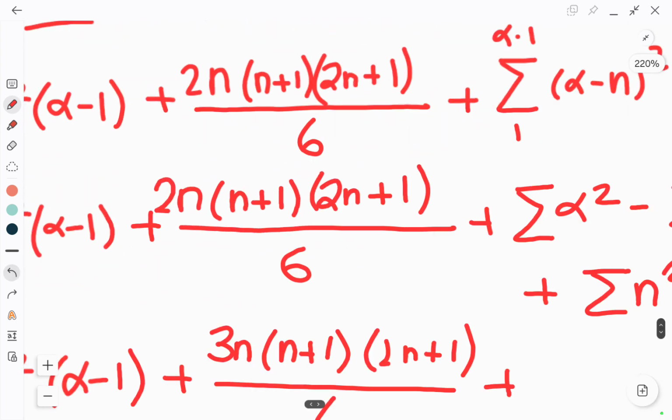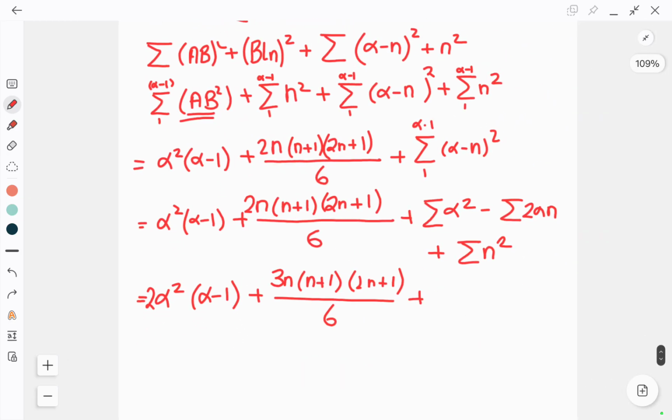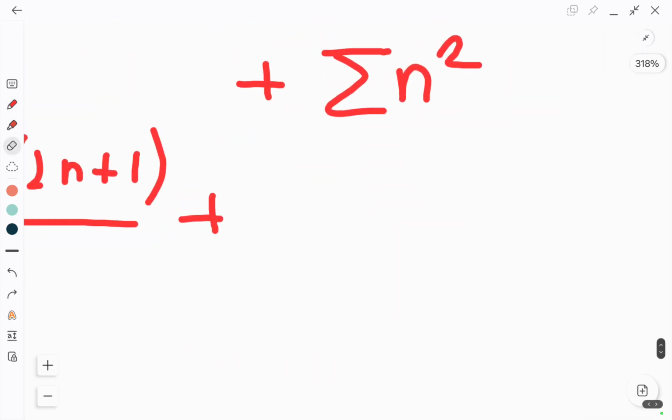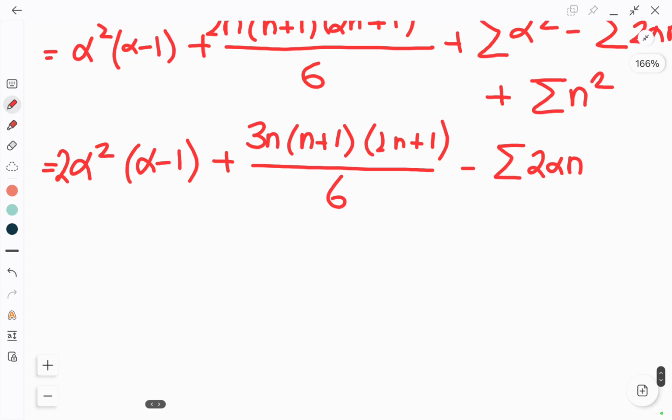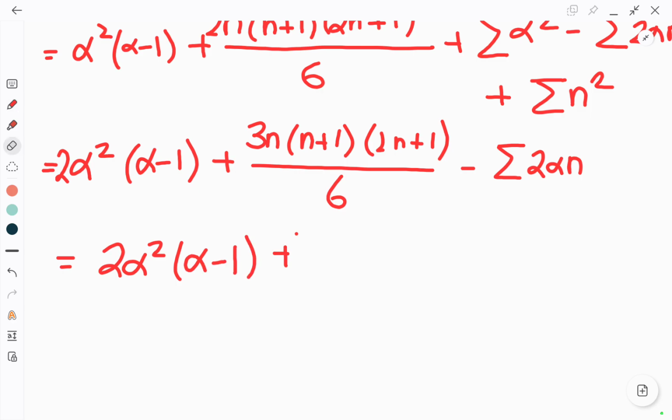minus 2 alpha n. 2 alpha is a constant, so it will get outside the sigma. Plus now we'll put the values of n as alpha minus 1.